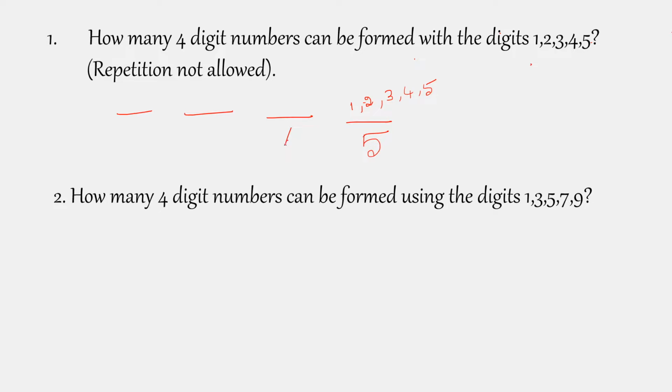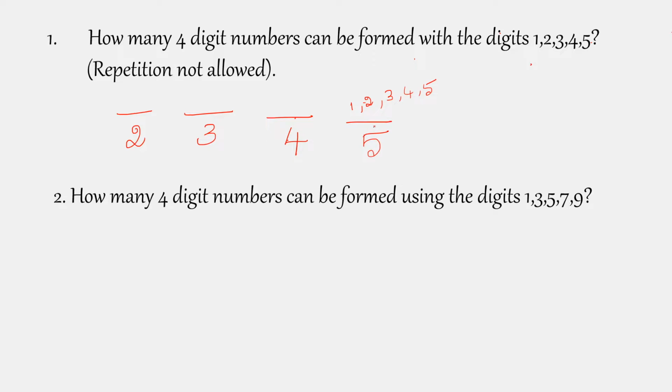So how many digits are there? 4. Whatever I have written in the first digit, I cannot repeat, so I have the freedom of writing only 4 numbers in the second digit. Similarly, after completing these 2, the remaining 3 numbers are there, so I can write only 3 numbers here. After that, only 2 numbers.